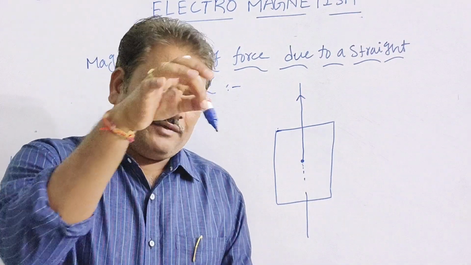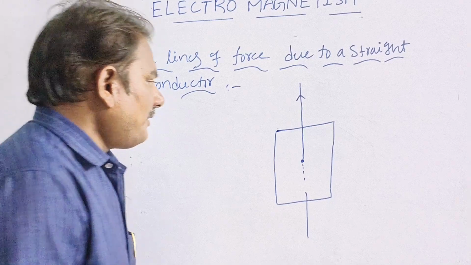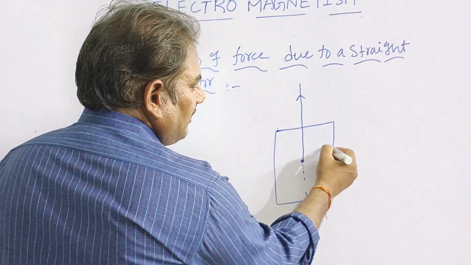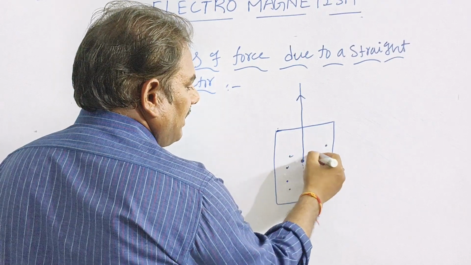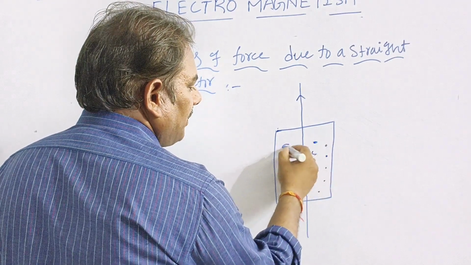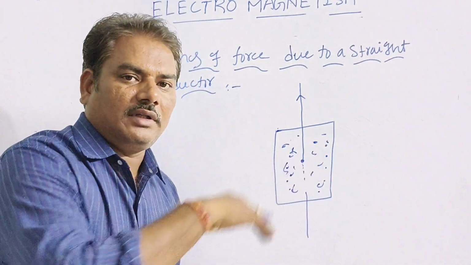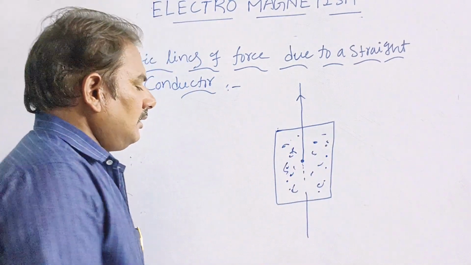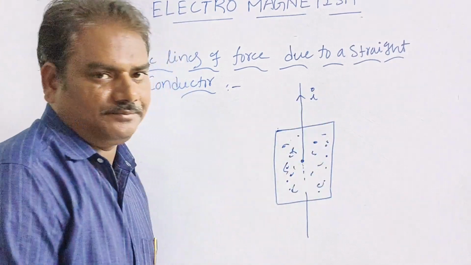Consider a wire which passes through the plane sheet, and iron filings are spread over the plane sheet. So now this is the wire which carries the current I.